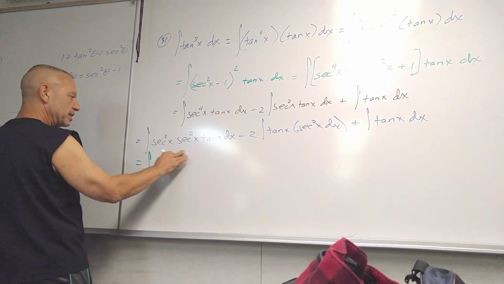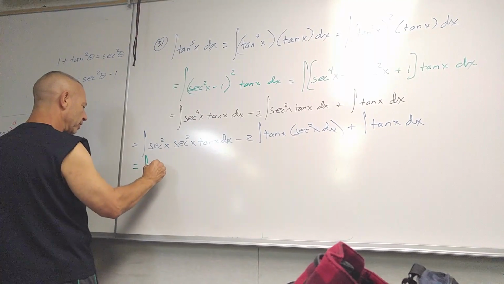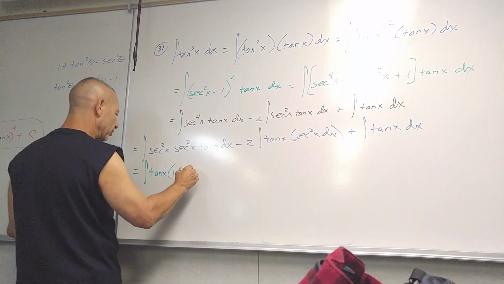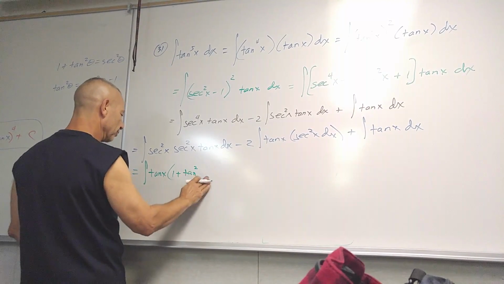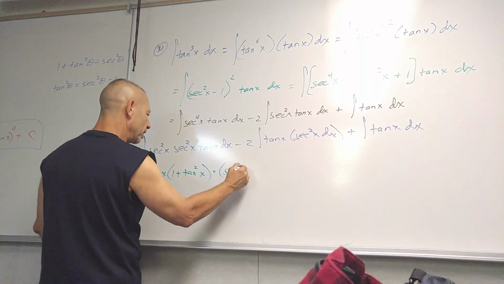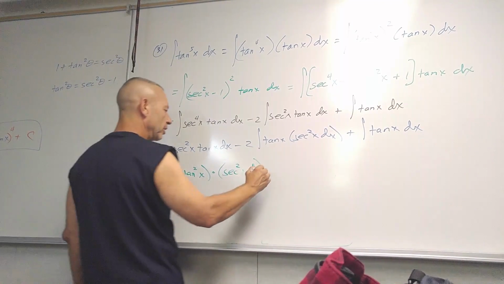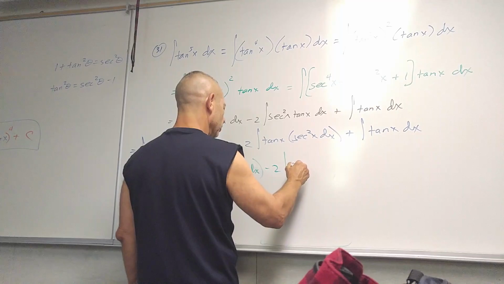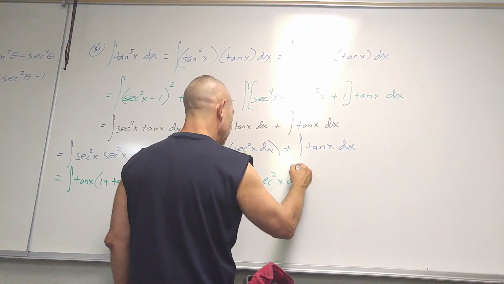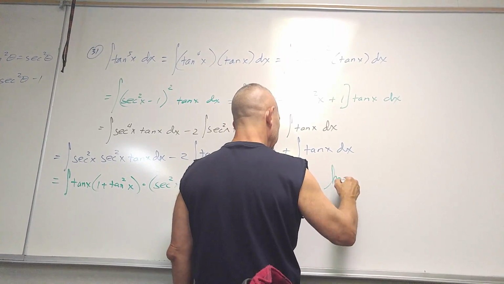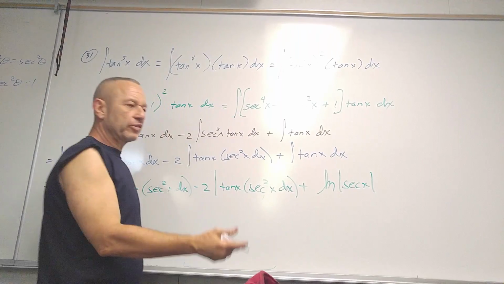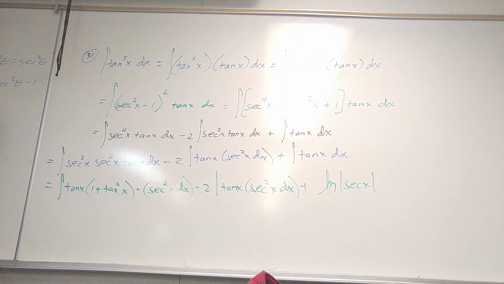So now I'm going to rewrite it as integral of tan x times 1 plus tan squared x times secant squared x dx minus 2 integrals tan x secant squared x dx plus ln absolute value secant x. I guess I'm going to add an arbitrary constant on to the end of the last.